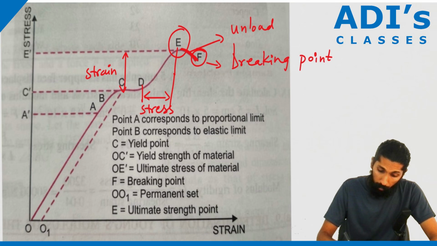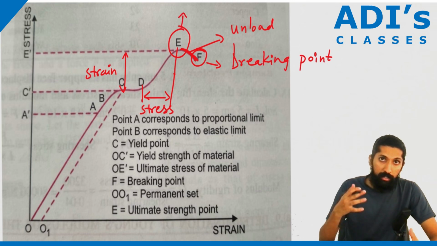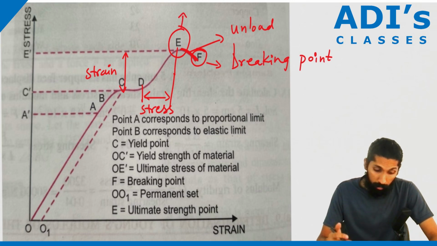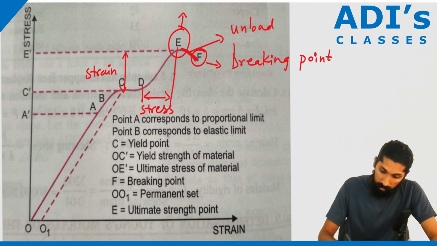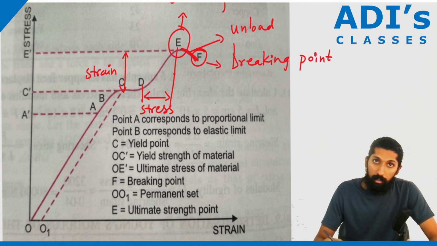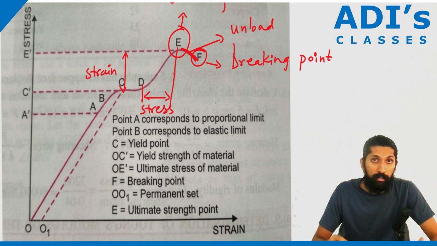Alright, now remember, point E is the ultimate stress the body can take, correct? Or you can also call it the breaking stress. So this is the breaking stress. Anything beyond this, the body cannot sustain anything.